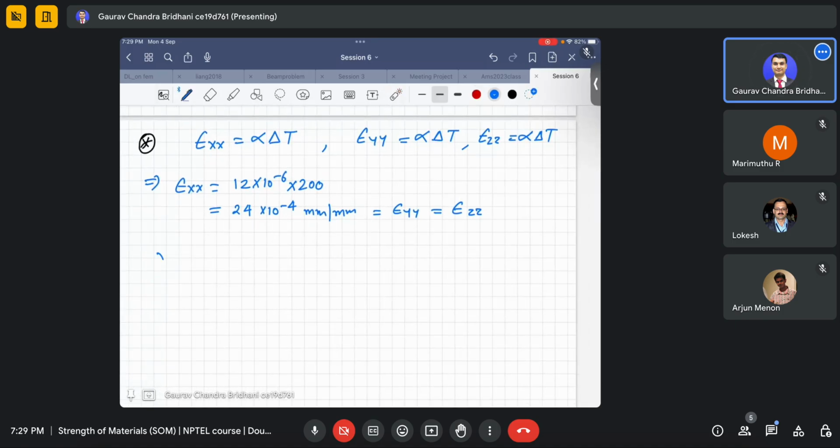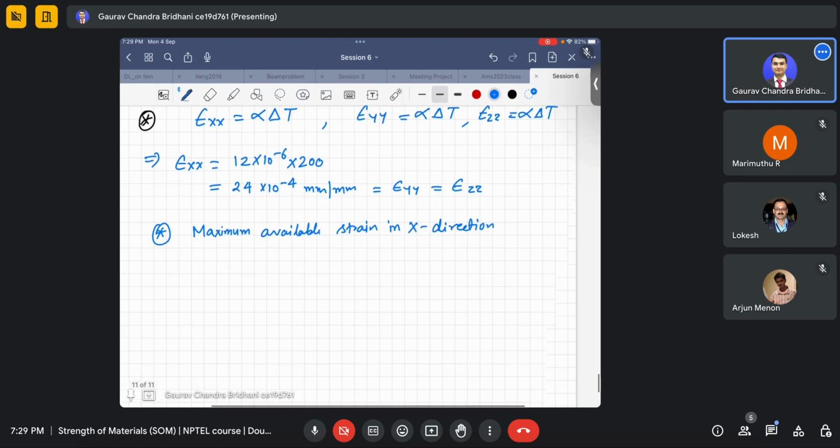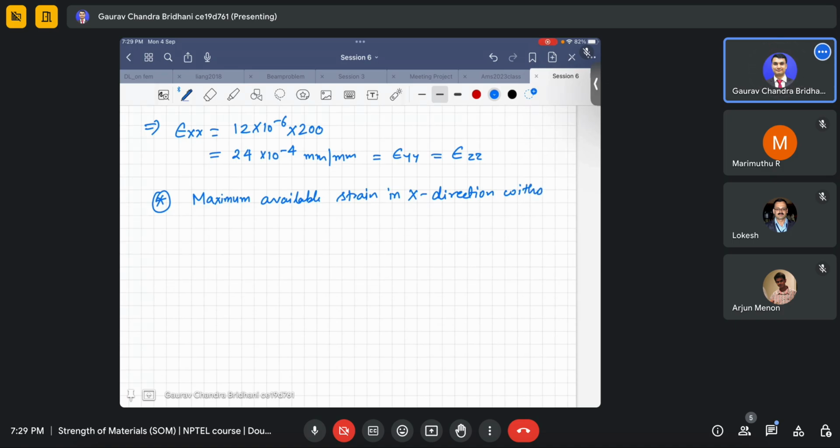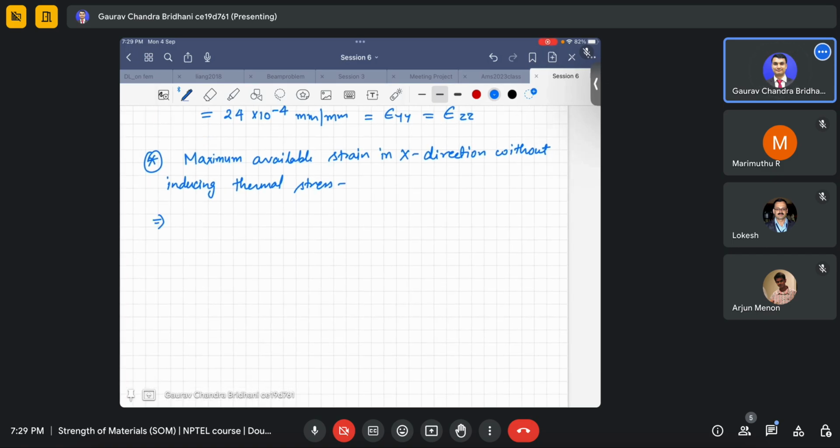And we are finding this strain assuming that it has increased. So you can see the maximum available strain in x direction without inducing thermal stresses. So what will it be?